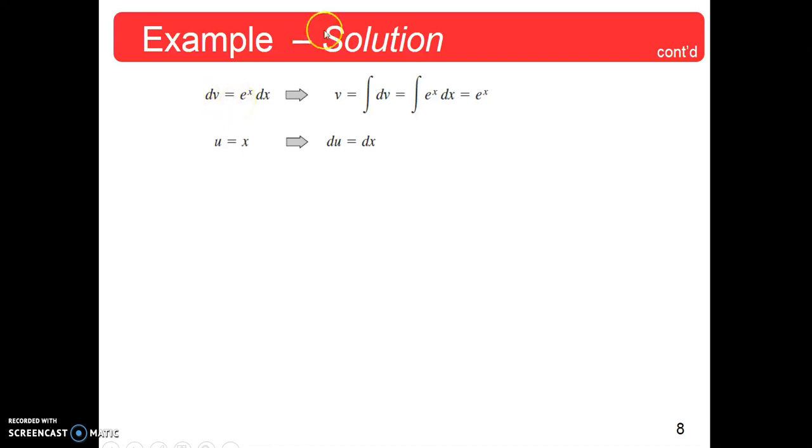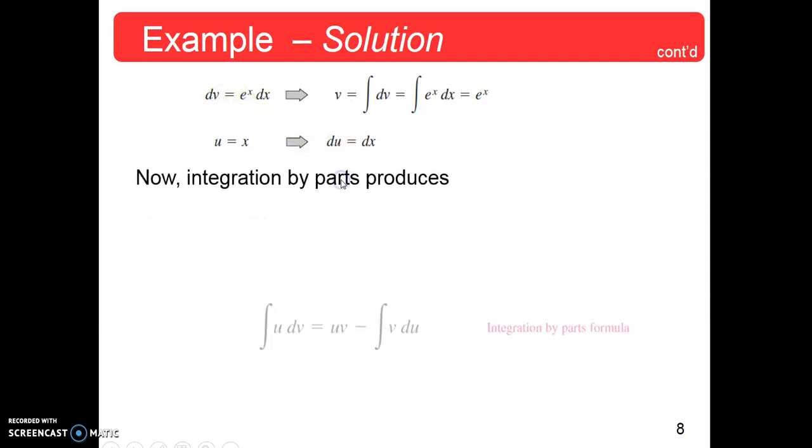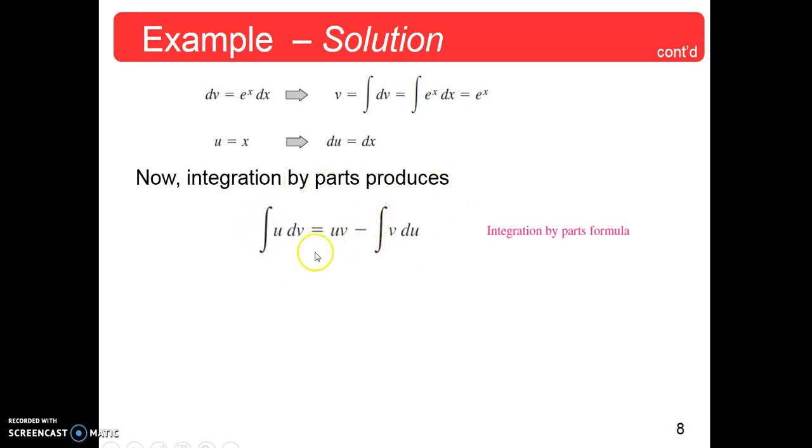Okay, so if I want to get from dv back to v, I've got to integrate. So I integrate my dv, and that's just the integral of e to the x, which gives you e to the x. Okay, so I've got u and v and dv and du, and now I'm just going to substitute into my formula.